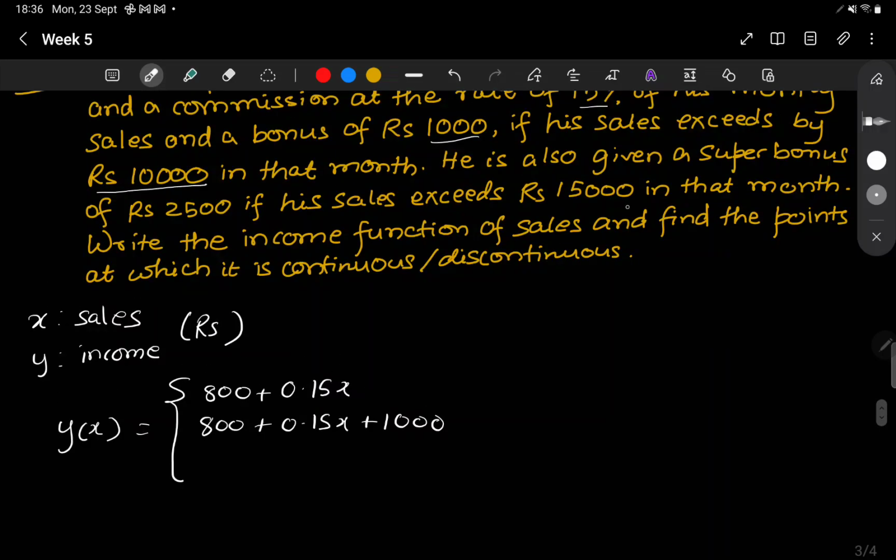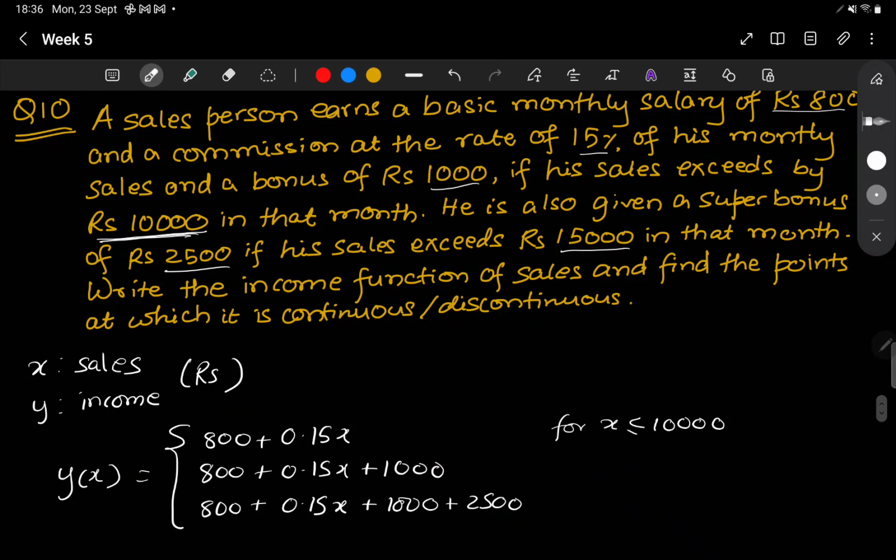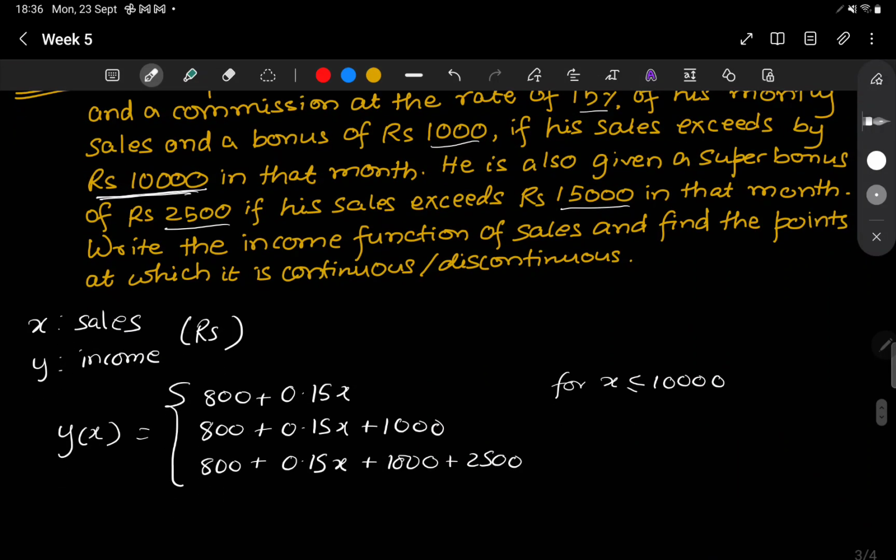And then if sales exceed 15,000, then there's a super bonus of 2500. And the regions are: this is for x less than or equal to 10,000. Here this is the first breaking point.